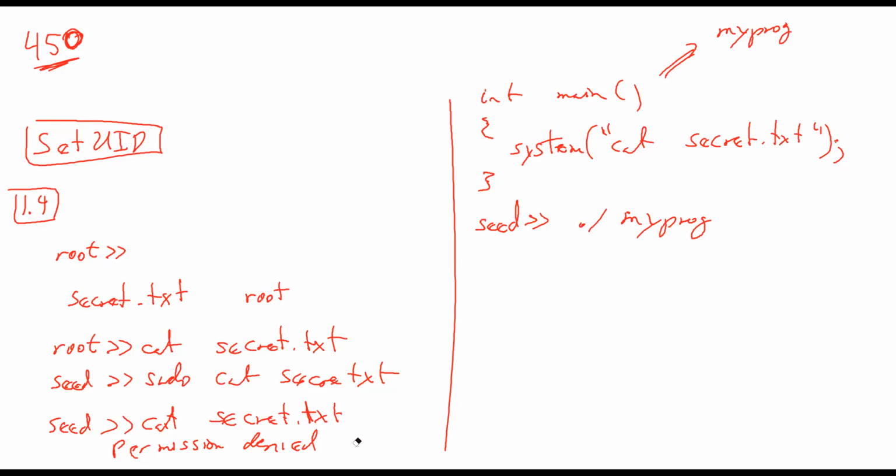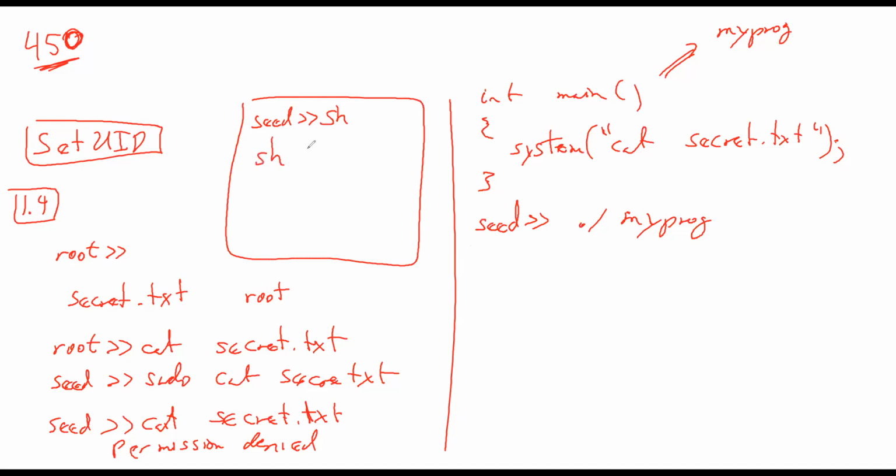So now, and this question came up a couple of times in class, when you're seed, you can do SH, right? And when you do SH, remember, inside the system SH is a symbolic link to bash. Bash is more secure.